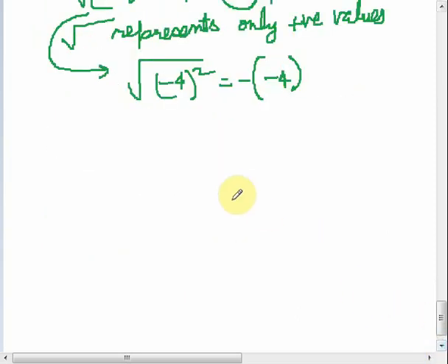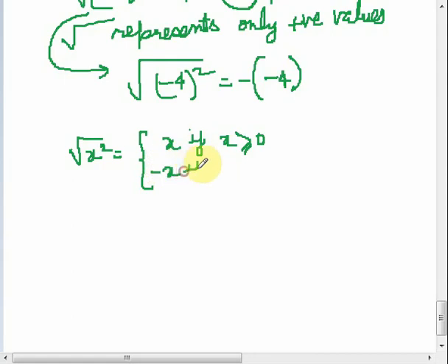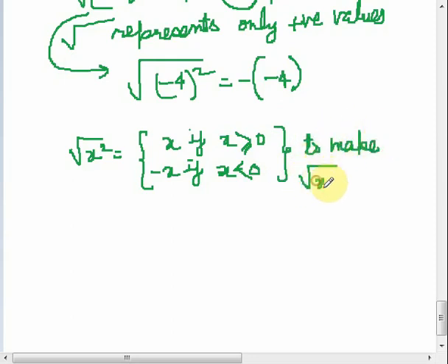In algebraic expression it will be written as under root x square is equal to x if x greater than 0 and minus x if x less than 0. Why have we done this? To make under root x square a positive number.